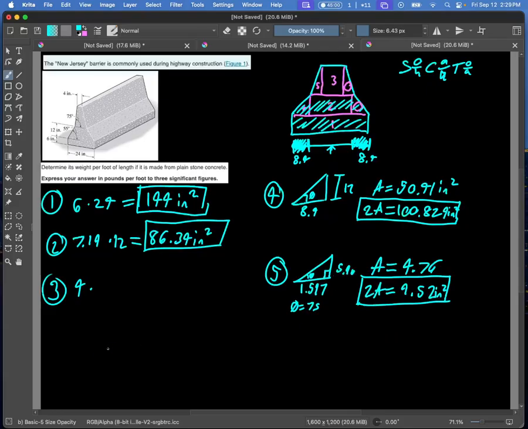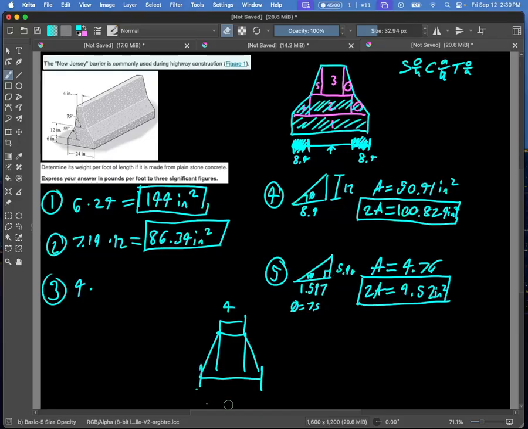And of course, we know this now. So if this is 7.19 and each side here is 1.59, that means what we have to do to find this, oh, this is 4.